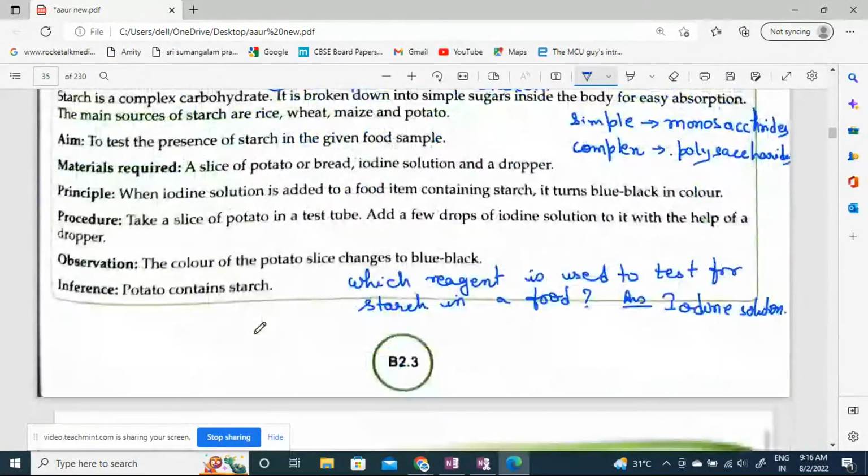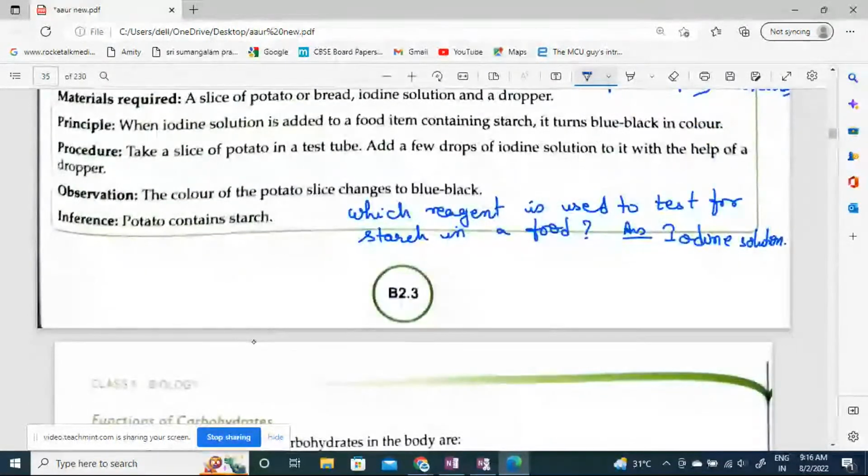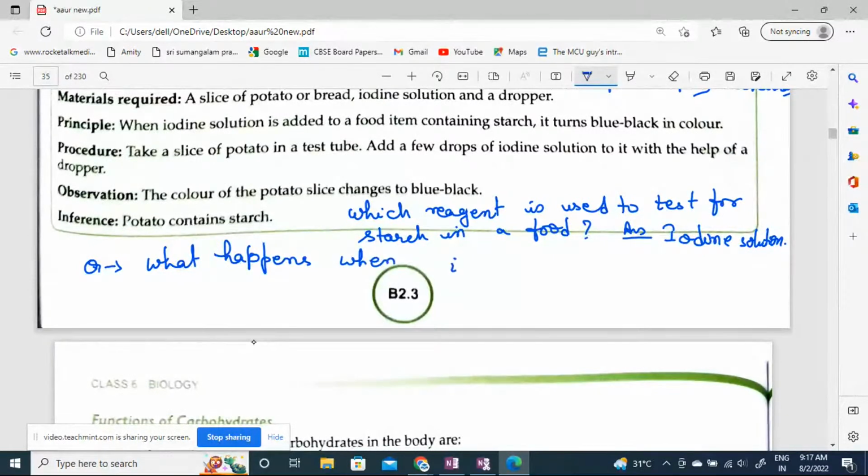What happens when iodine is added to any food item? Next question. What happens when iodine is added to a food item?